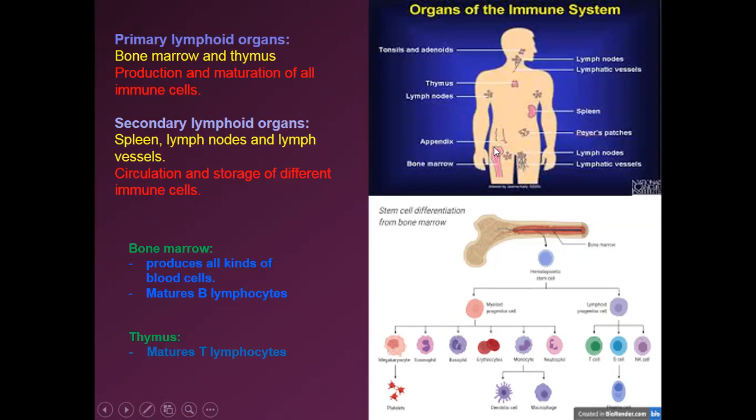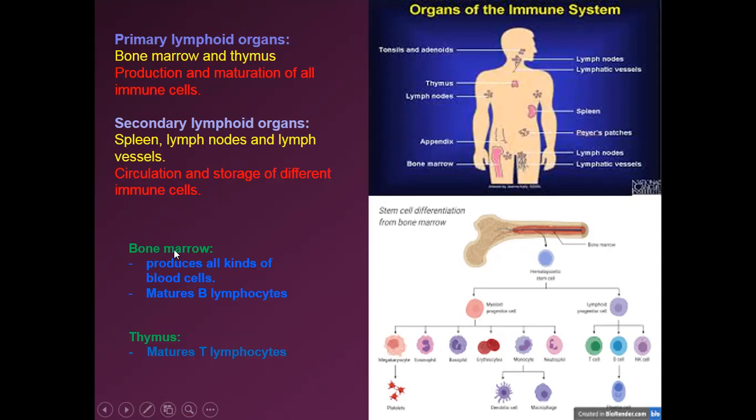The bone marrow exists inside the long bones in all the body and the flat bones, for example, here and here. There is bone marrow and the thymus. The thymus is in the center of the chest. The function of primary lymphoid organs is the production and maturation of all immune cells.